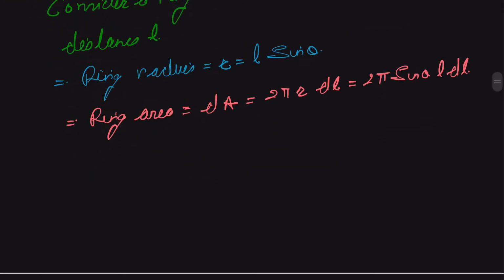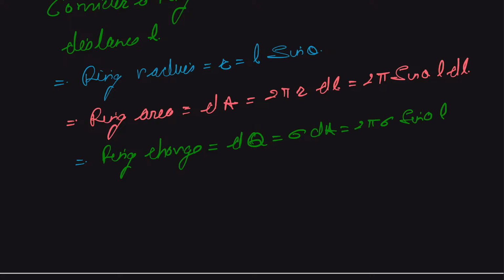Now on the small ring we can find out the charge also. Therefore we can say the ring charge, suppose dq, will be equal to the charge density multiplied by its area. So we get 2 pi sigma sine of theta L dl.